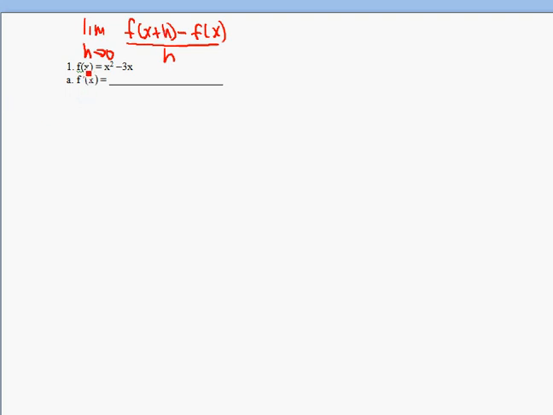So therefore, f of x plus h would be, wherever I see x, I'm going to put x plus h. So it would be x plus h squared minus 3 times x plus h. So here's f of x plus h, and then here's our definition of derivative, a limit statement.